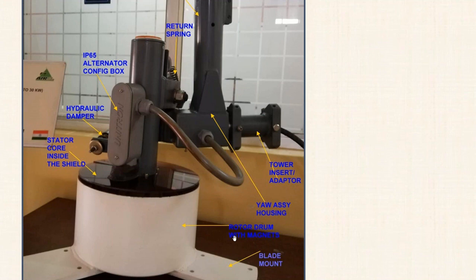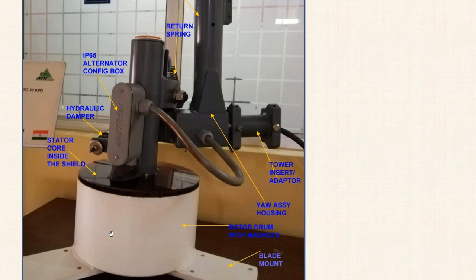This is the rotor drum inside which there are magnets. It has a 16 pole magnet alternator inside, and these are the blade mounts of this 3-blade model. There is a place for 3 blades to be mounted: 1, 2, and the third one is on the other side, which is not visible from here.